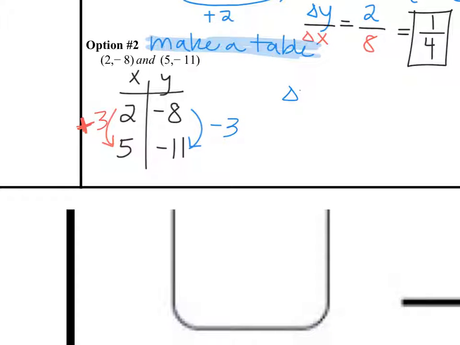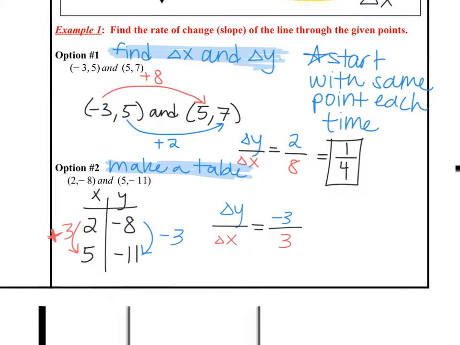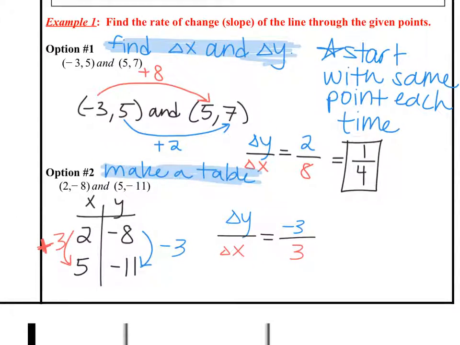So your change in y over your change in x should be a fraction. Y goes on top. So which number should I put on the top of the fraction? Negative 3 over positive 3. That's your change in x. This can simplify. What does it simplify to? Negative 1. Please divide it if you can.